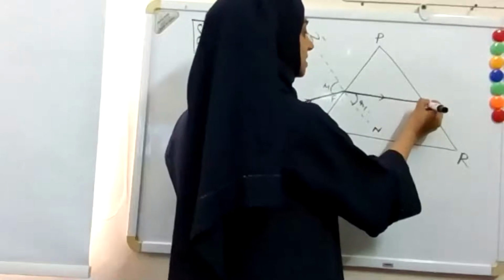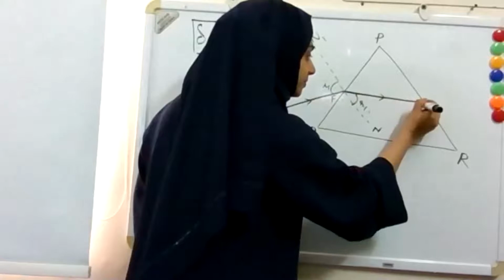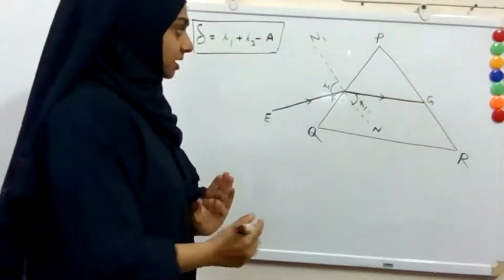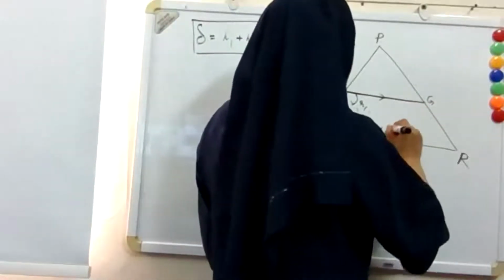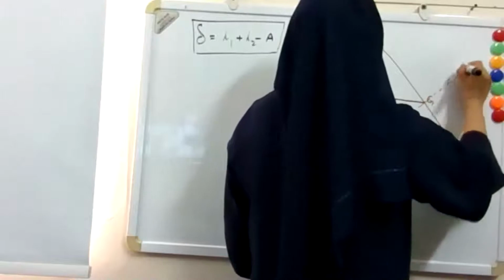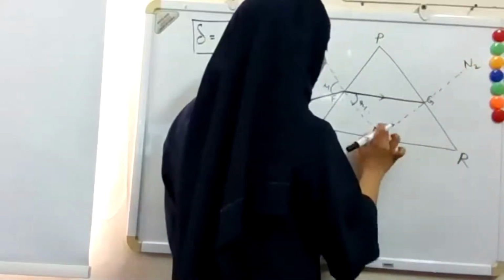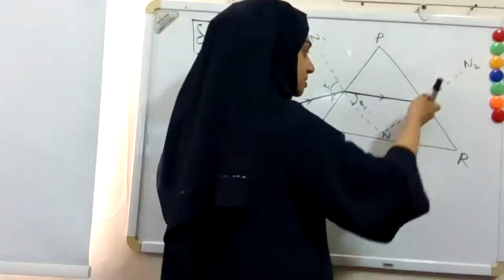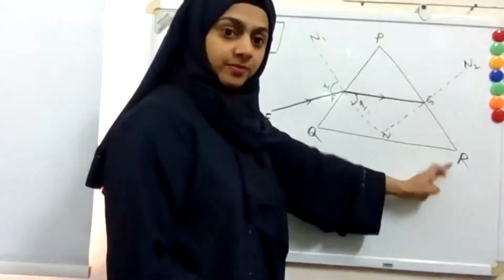And at this surface, it is incident at a point G. Now, suppose at this point the normal is N to N. I have drawn this point as N. N to N is the normal drawn to the surface PR.